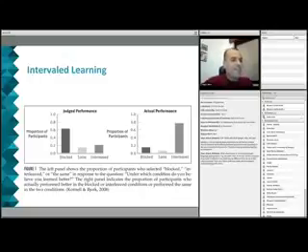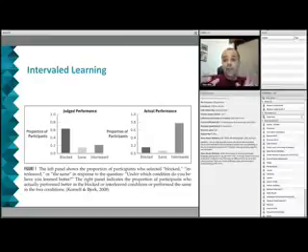They had two groups of people. One group was given a block course, everything together in a single block, with everything they needed to know about the paintings and their authors.